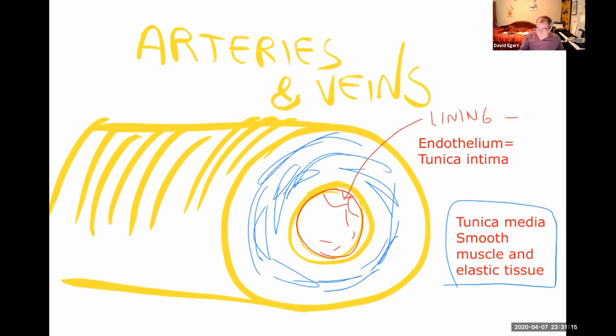Smooth muscle, you know what it looks like under the microscope. Again, it's kind of making me sad. We're not going to be seeing this in real life, but we'll see pictures of it.